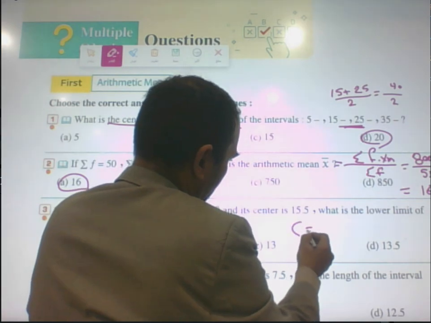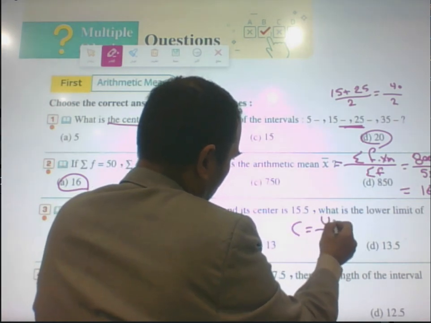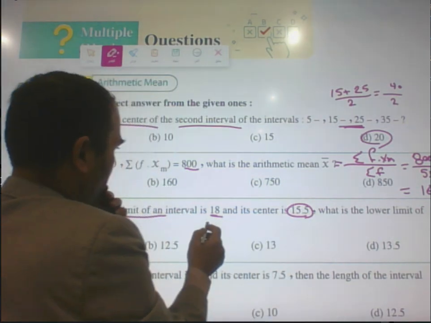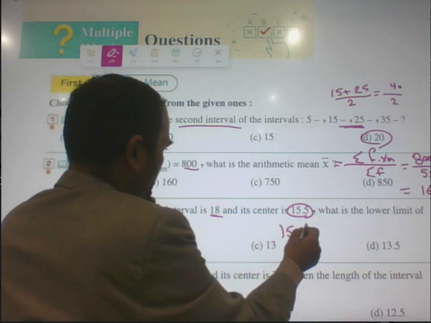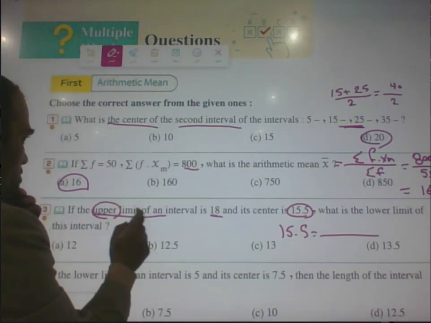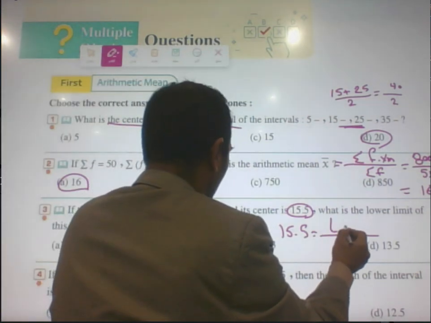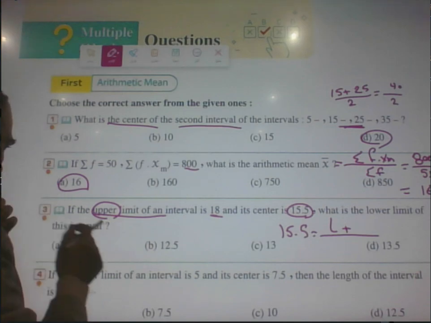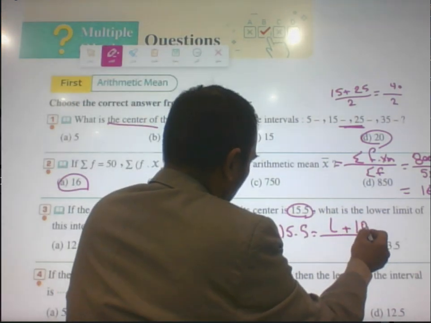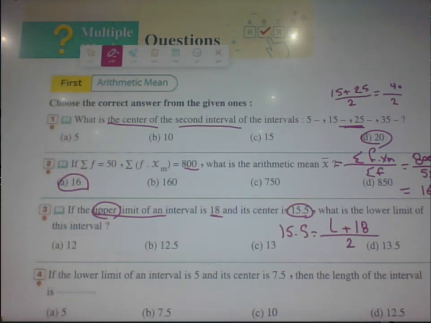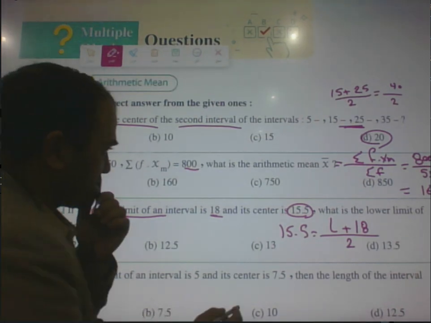So we have 15.5 as the center. Then 15.5 equals the lower, which we don't know, okay? L refers to the lower limit of the interval, and the upper was 18. If we add them together and divide by 2, we find the center. Then we can use this equation: product of extremes equals product of means.